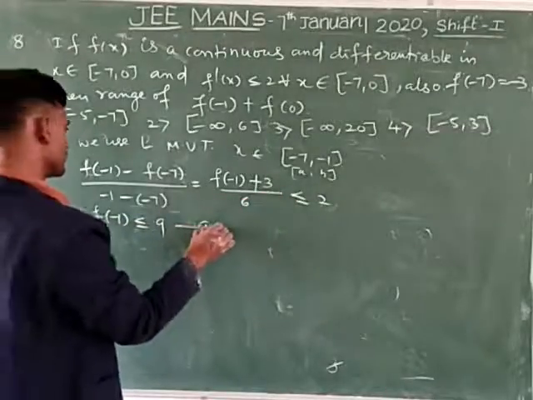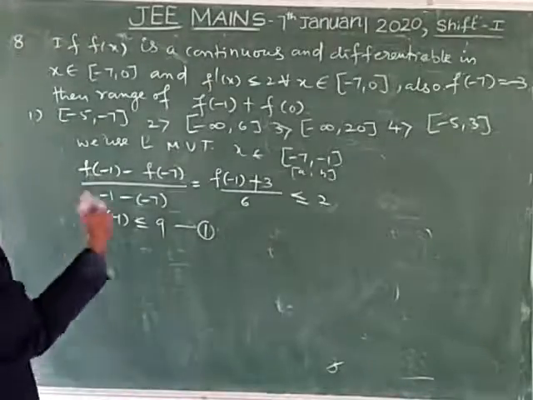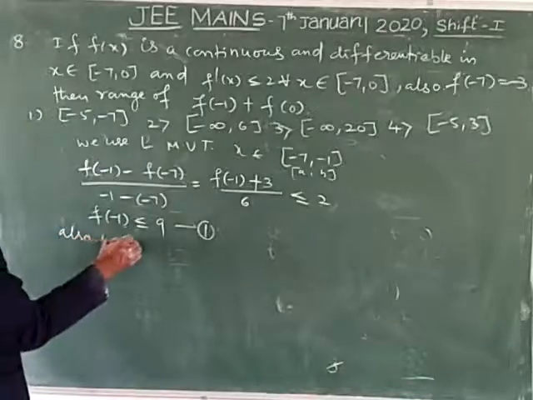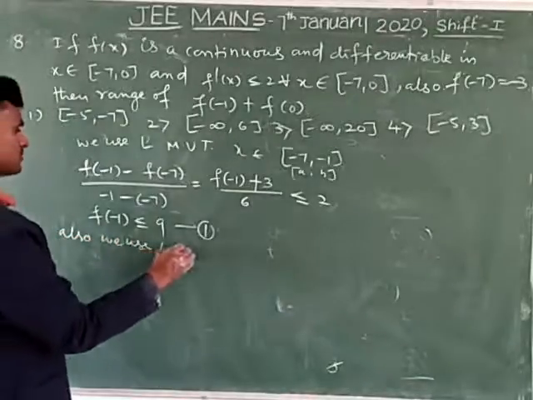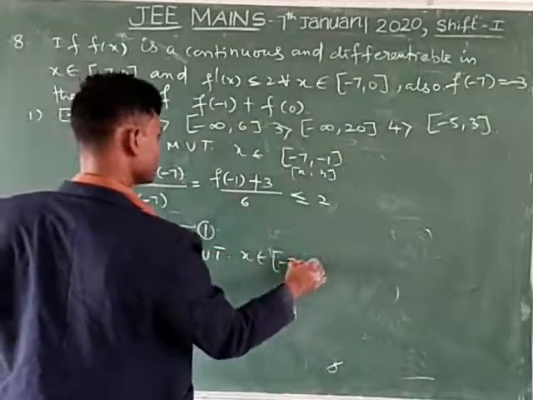This is equation 1. Now again we have to apply Lagrange's mean value theorem. Also we use Lagrange's mean value theorem for x belonging to the closed interval [-7, 0].